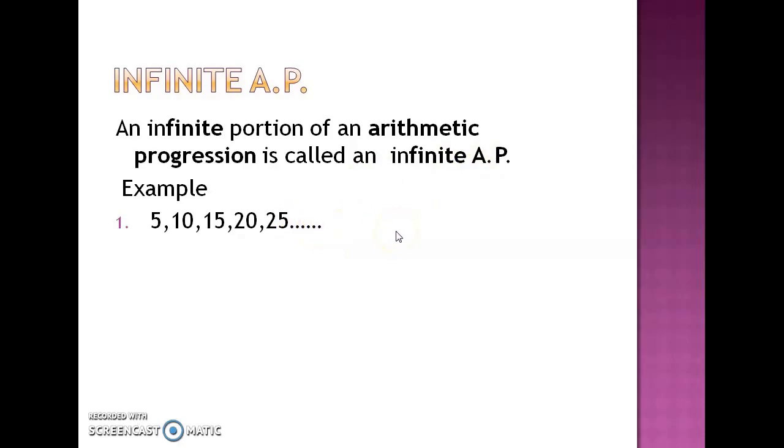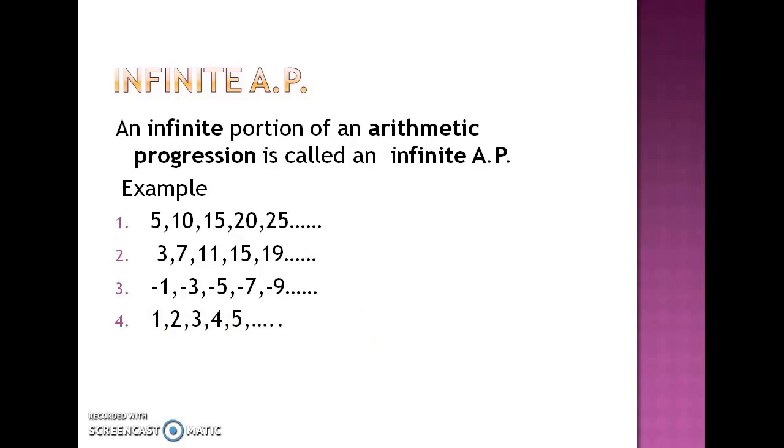That means there is no last term. 3, 7, 11, 15, 19. Minus 1, minus 3, minus 5, minus 7, minus 9. Here also there is no last term. One more example. 1, 2, 3, 4, 5, etc. So these are examples of infinite AP.